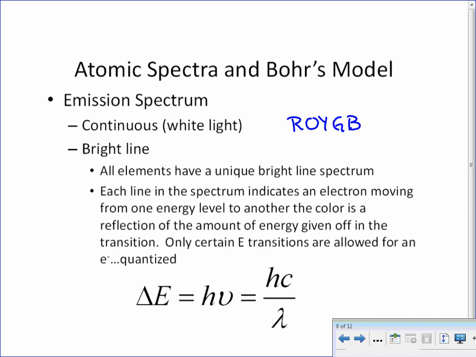And there's no break in between any of the colors. The colors blend one from the other. However, in a bright line spectrum, these are specific wavelengths that show up if we bend that light. Only some wavelengths are present, not all of them. And we can calculate the energy of that using the previous equations.